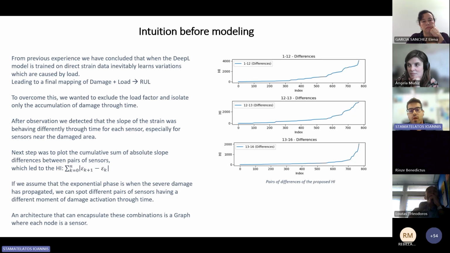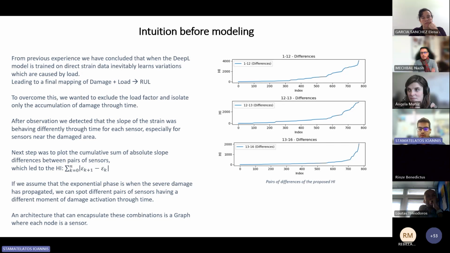And so we had to think of a different approach of a neural network that can take advantage of all these pairs of sensors and how they communicate with each other.